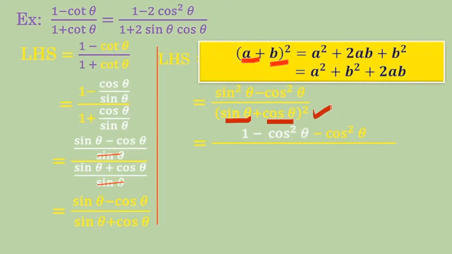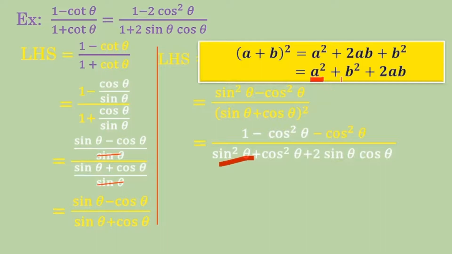So, a square is equal to sin square theta, and b square is equal to cos square theta, and twice ab is equal to twice sin theta into cos theta.